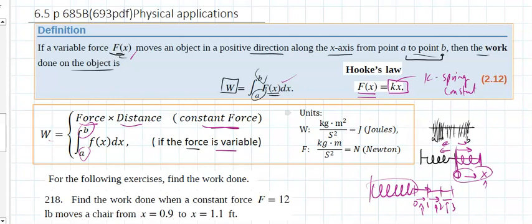The units for work, kilograms times meters squared per second squared, are joules. And the units for force, kilograms times meters per second squared, are newtons. You really don't have to match the newtons or the joules, but the book does.